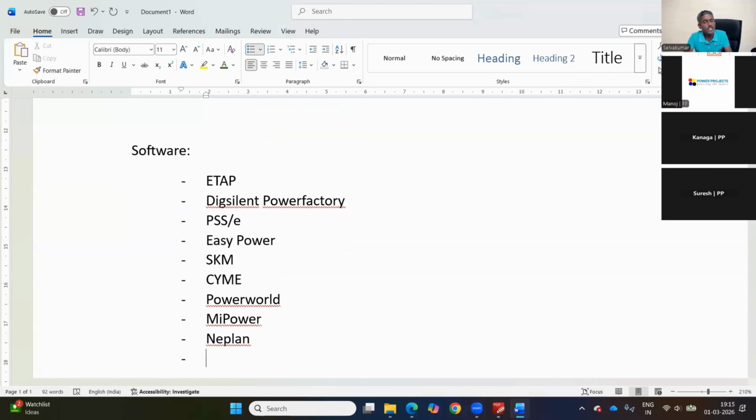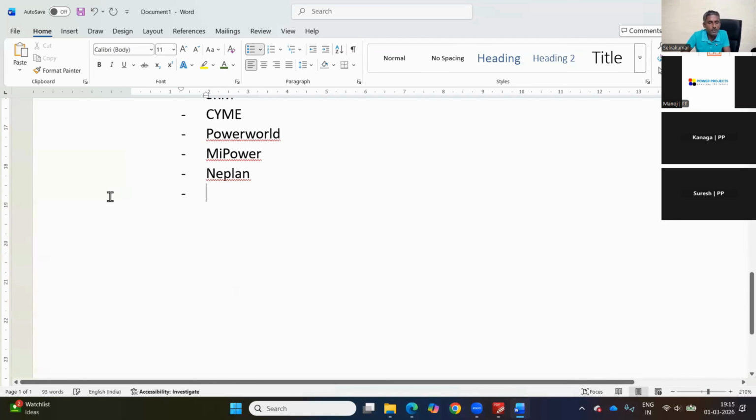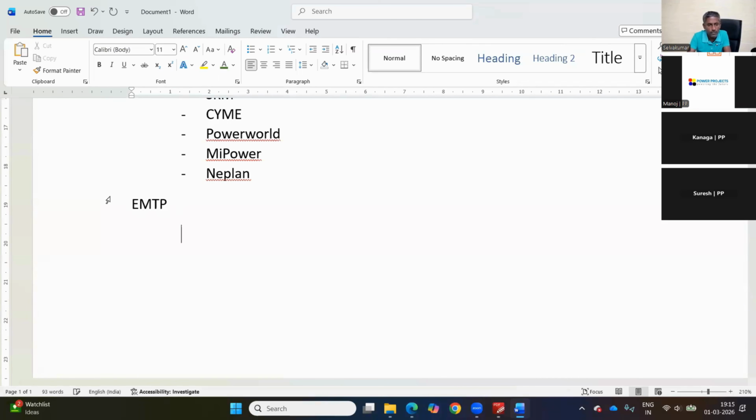So the list is endless. And these are all RMS simulation tools. And you have some EMT tools as well, which are PSCAD or EMTP-RV or ATP.